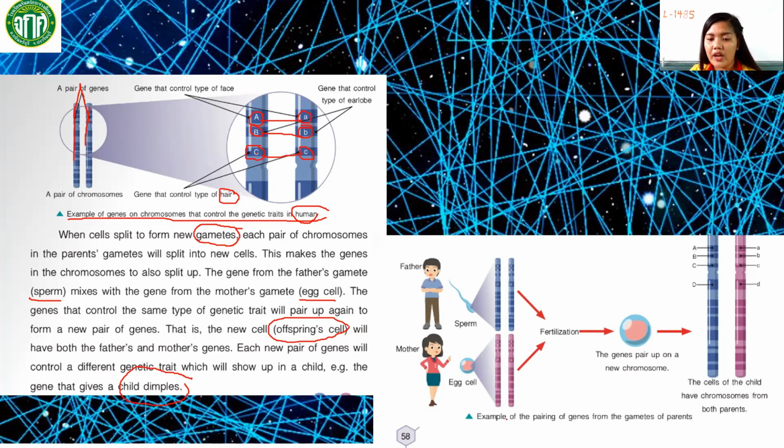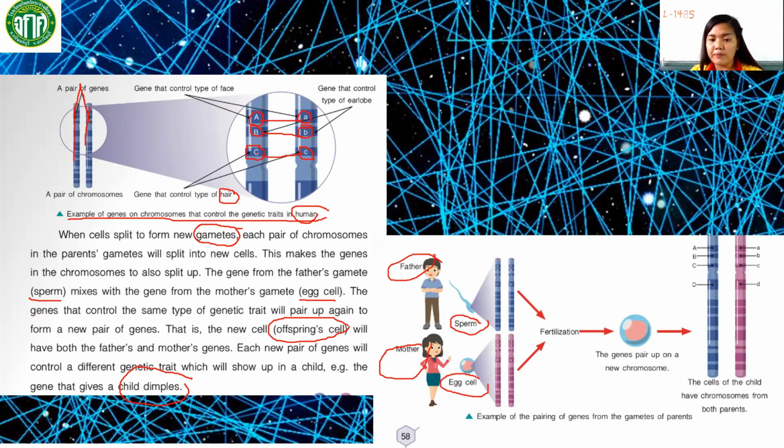We have here an example of pairing genes from the gametes of parents. So this is the father and this is the mother. The father will produce a sperm, right? And then the mother will also produce an egg cell, right?